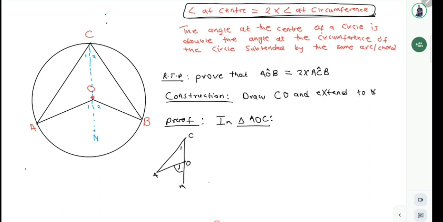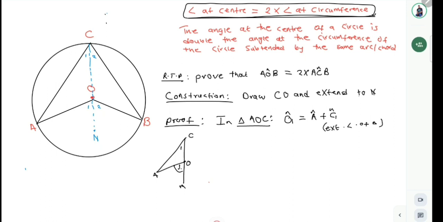Okay, so this O1 is equal to the summation of angle A plus C1. Write it here. This O1 is equal to the sum of A plus C1. The reason being, this is the exterior angle of a triangle.